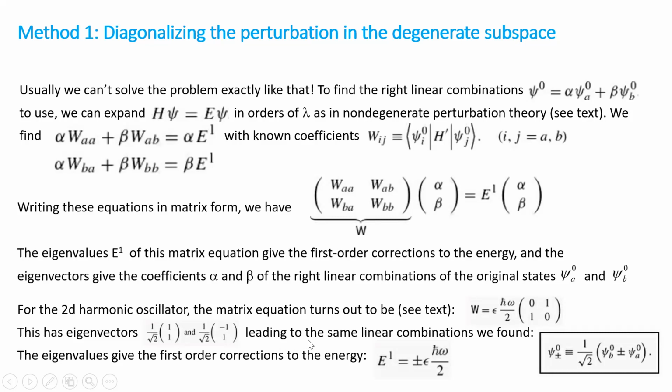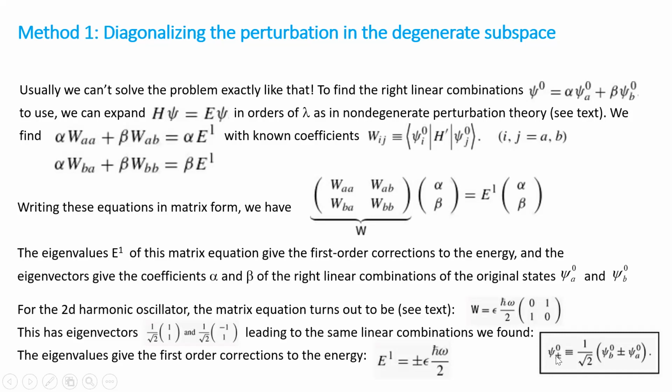Okay, but notice that if we look at what this gives, this is actually the same linear combinations we found previously by solving the problem exactly and extrapolating back to where the perturbation went to 0.